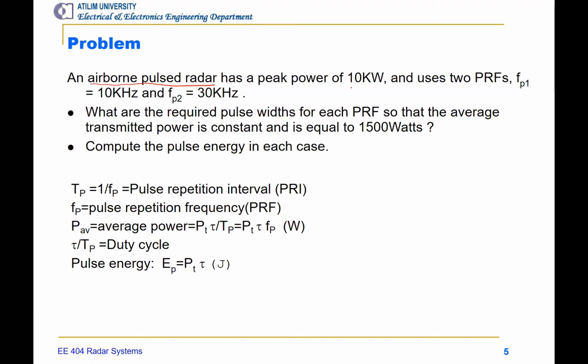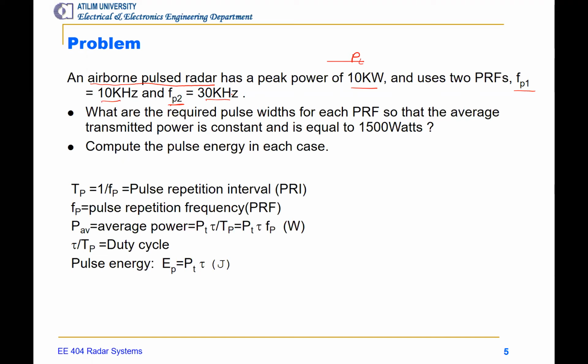It has a peak power of PT, 10 kilowatt, and uses 2 PRFs. So it seems that this radar switches between 2 PRFs, not a constant PRF. One is PRF P1 and P2, which are 10 kilohertz and 30 kilohertz.